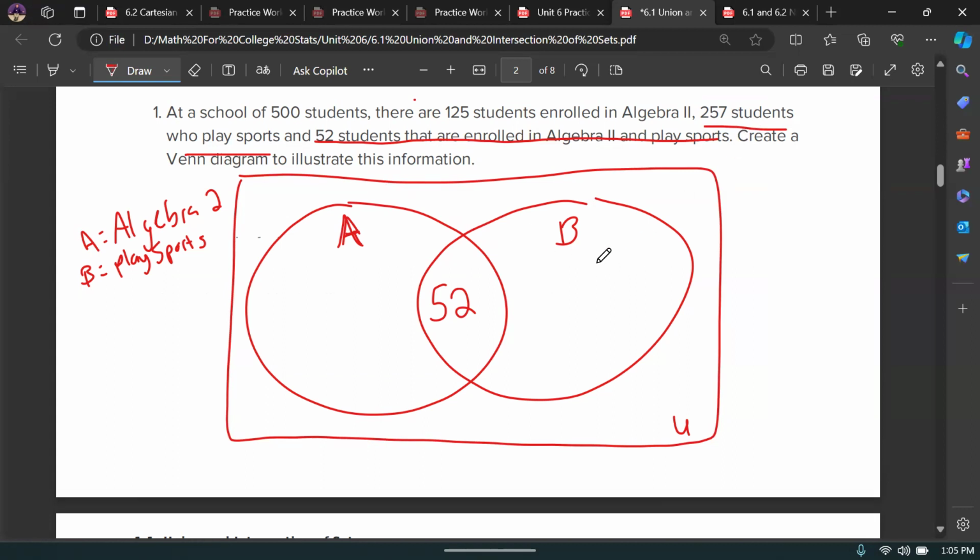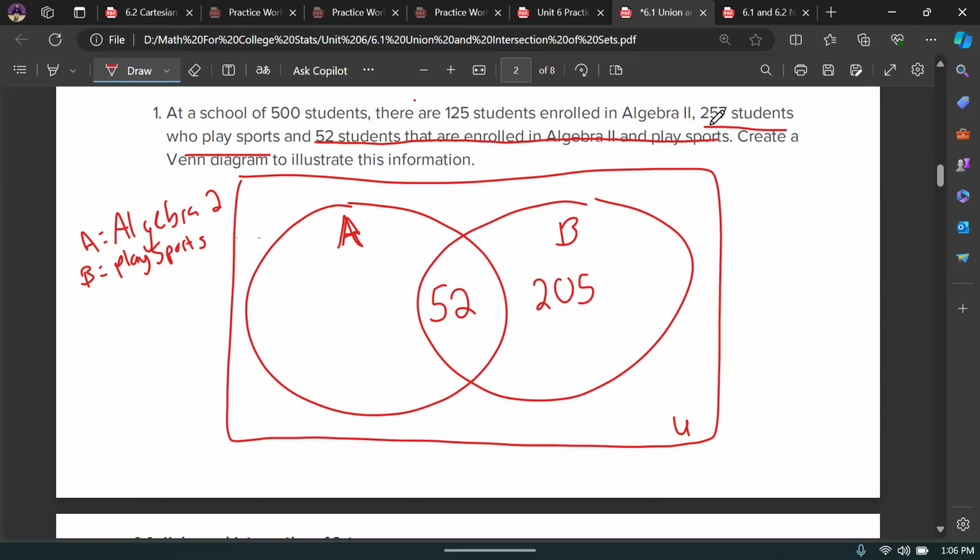All of B should add up to 257, but remember, we already have 52 of them accounted for. So if we already have 52 of the 257, then the remaining that just play sports would be 205, right? 205 plus the 52 makes this 257 in total.